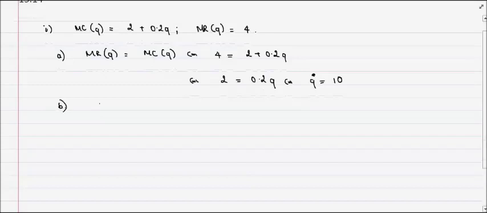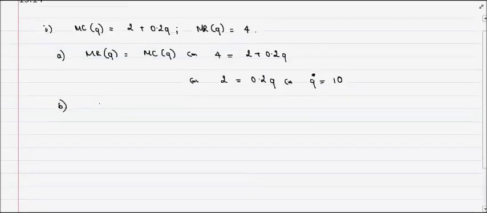Part B asks you to find the total revenue, average revenue, total cost, profit, and the consumer surplus. Total revenue is the integral of the marginal revenue function over the interval from 0 to q, where q is the firm's output.